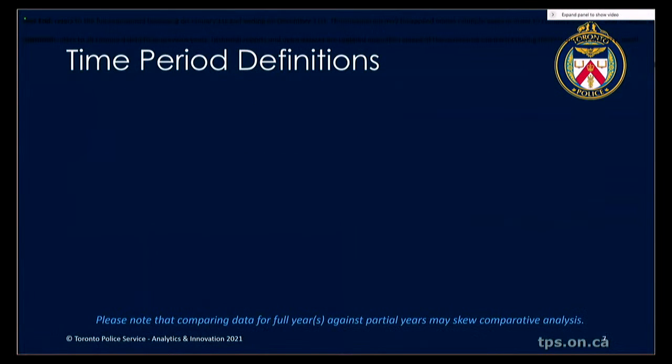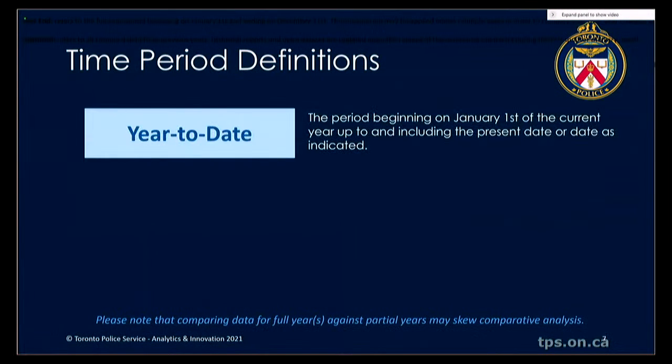There are three important time periods that must be understood when interacting with any of the products on the Public Safety Data Portal. The first one being year-to-date. Year-to-date refers to the time period beginning on January 1st of the current year up to and including the present date or date as indicated.